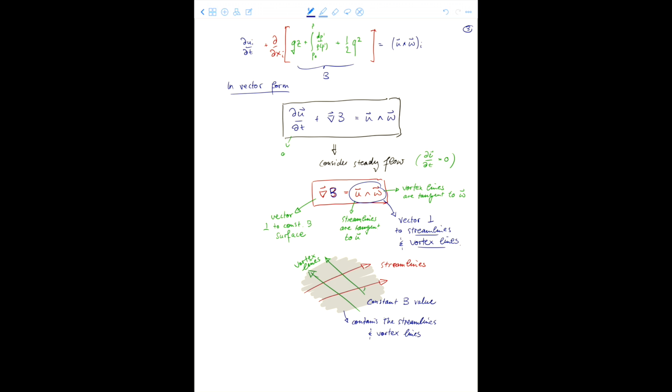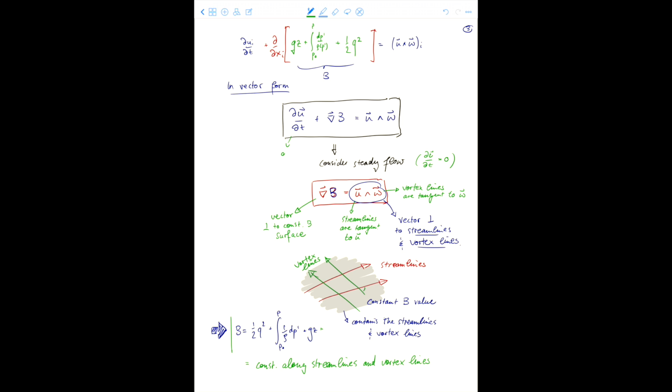So we can write the Bernoulli equation as follows. B is equal to a half q squared plus the integral from p0 to p of 1 over rho dp', plus gz. And that is constant along streamlines and vortex lines.